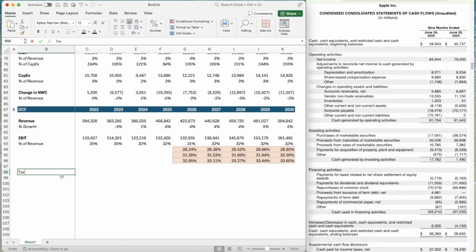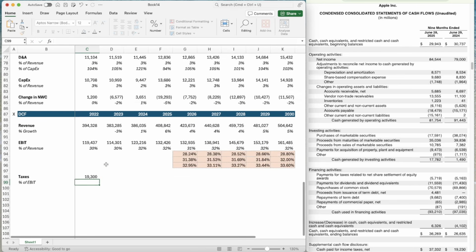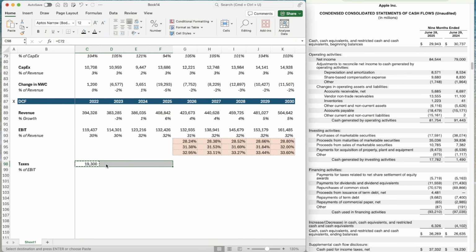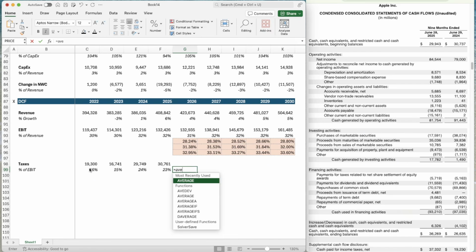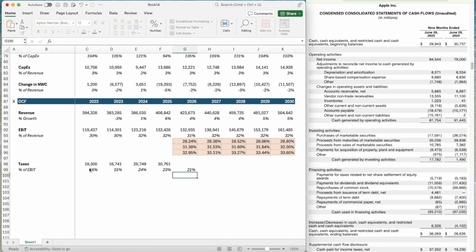Let's go taxes, percentage of EBIT. Okay, again, make this equal to what we did up to 2025. Pull it across. Then we just go equals average, take the last 3 years, pull that across, and make sure it's connected to this one, the EBIT multiplied by the tax rate.